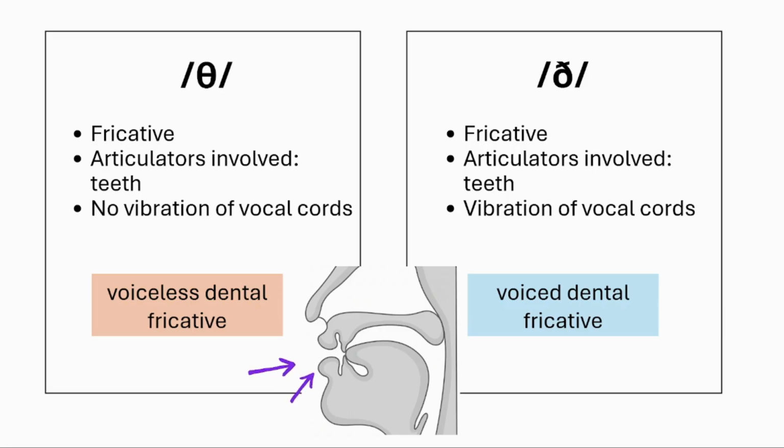That is why this sound is called voiceless dental fricative. Let's see its counterpart. The first sound in the word though or they. In this case, there is vibration of the vocal cords. This is why this sound is called the voiced dental fricative.